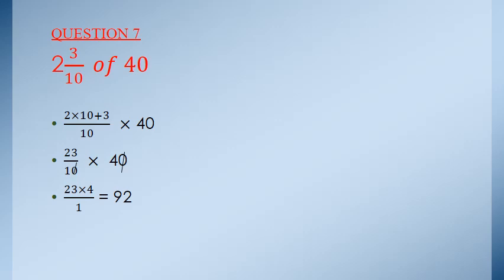So 10 multiply 1 is equal to 10 and 10 multiply 4 is equal to 40. Now in numerator we got 23 multiply 4 and in denominator 1. So our answer came out to be 92. So 2 3 by 10 of 40, that is 23 upon 10 multiply 40, is equal to 92.